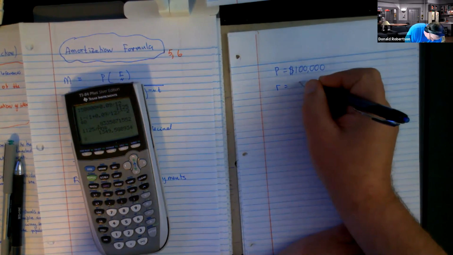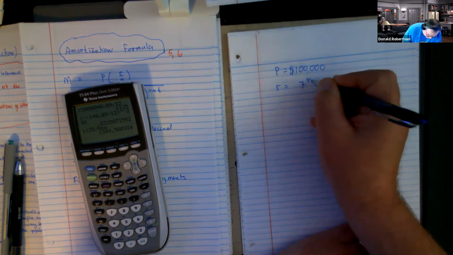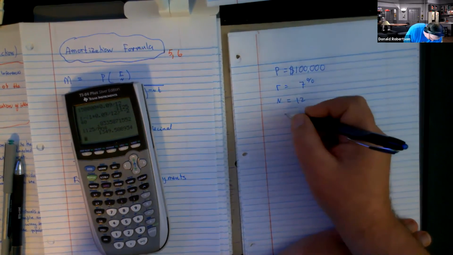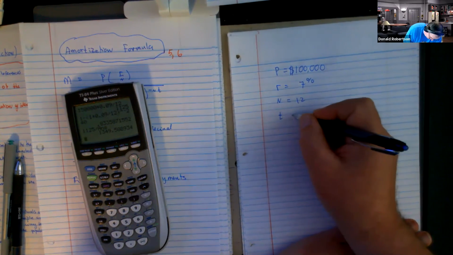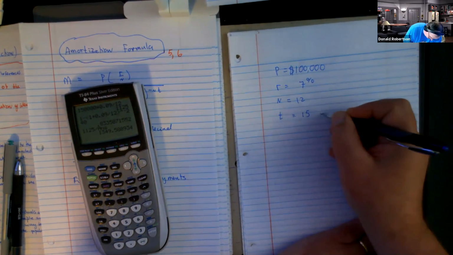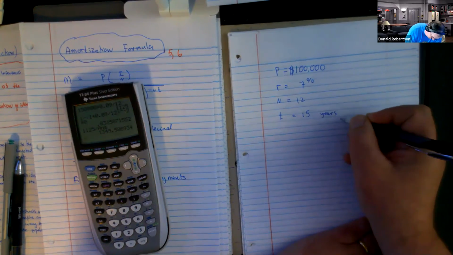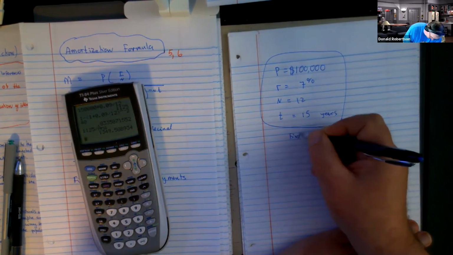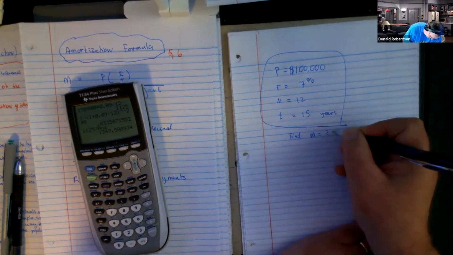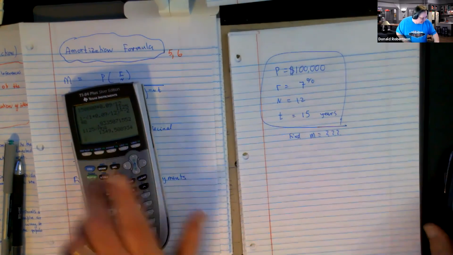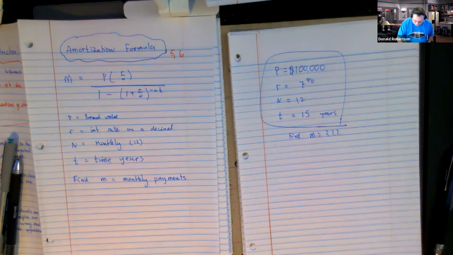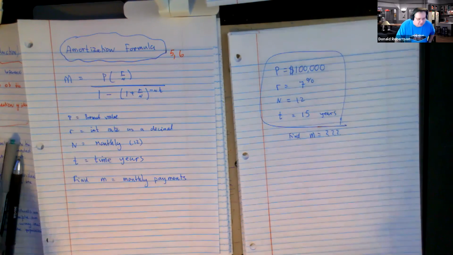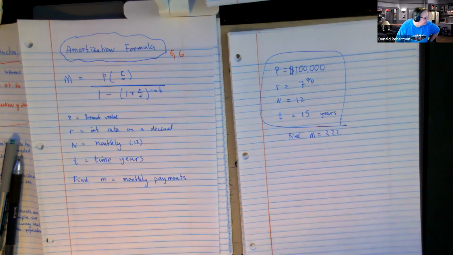The interest rate that you're going to get is 7%. You're going to do it monthly. And you're going to do it for 15 years. So find him. That's your job. I'll give you 4 minutes to have a shot at that one, then we'll do it together after that. So see if you can find M.